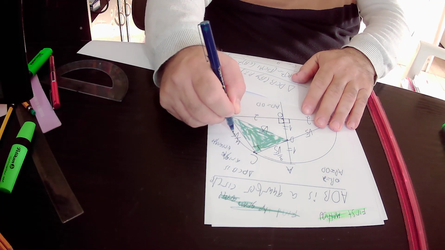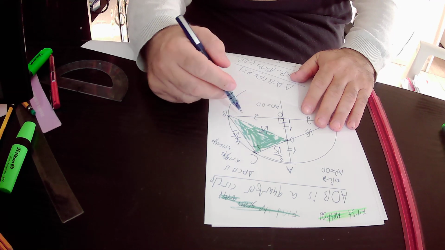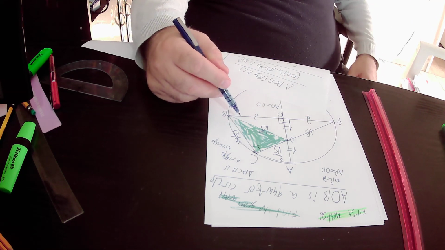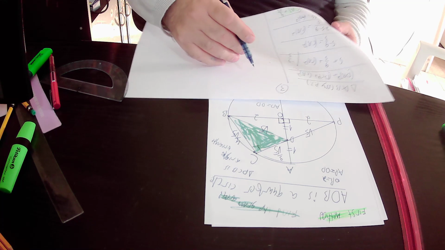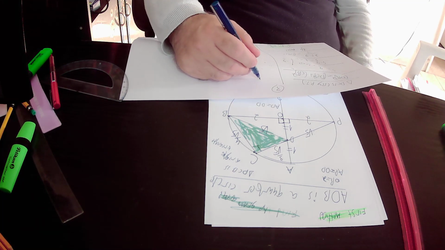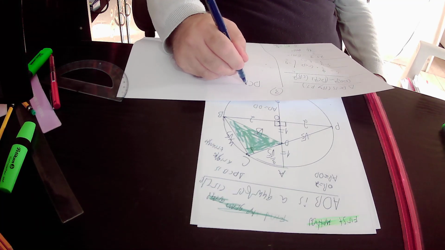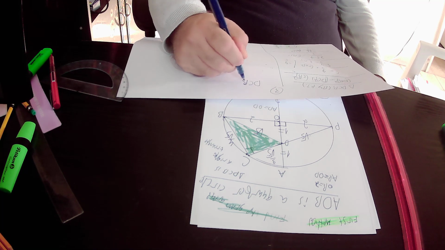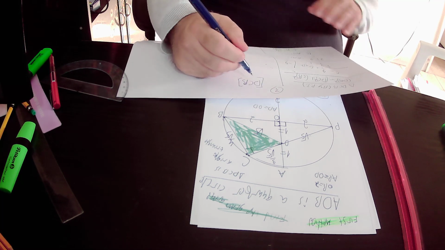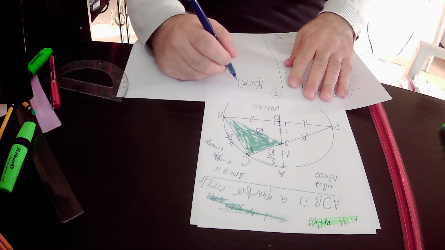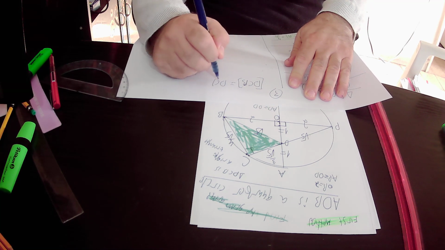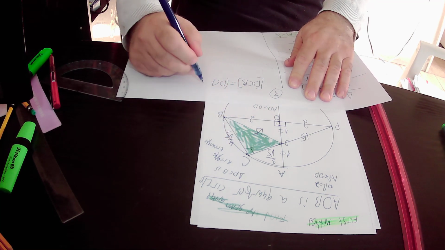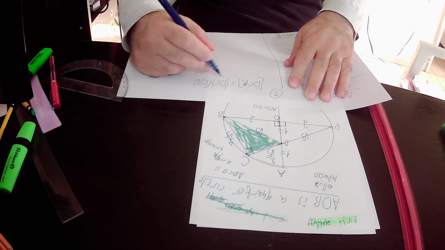Now it is very easy to find out the area of the blue right triangle, triangle DCB. The area of the blue triangle, triangle DCB, that is the area of the blue shape, equals the base of the triangle, that is DC, times the height to the base, that is CB, over 2.